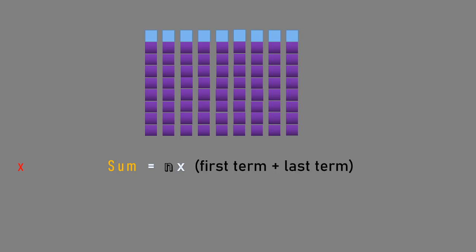No, it is 2 into the sum. Why? Because remember, I took a copy of whatever we had and joined it with the original. So I have doubled the value. So I'll divide, bring that 2 down, and this is my sum.